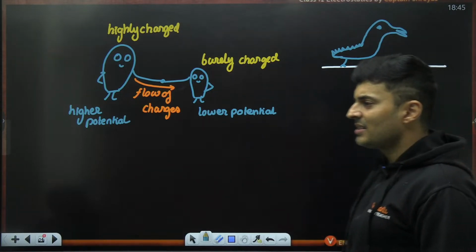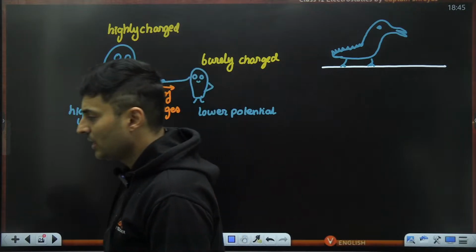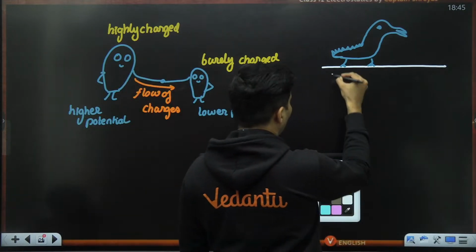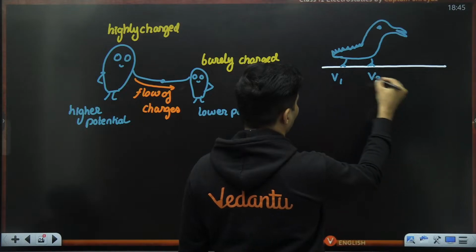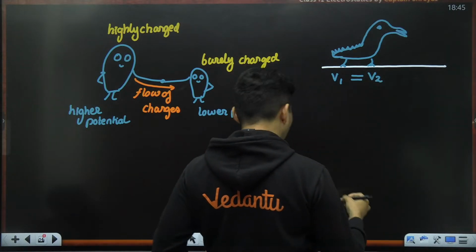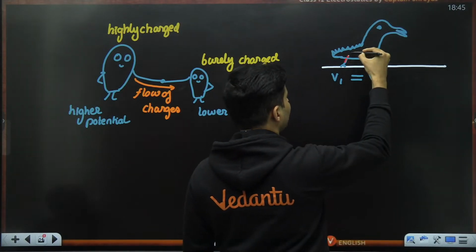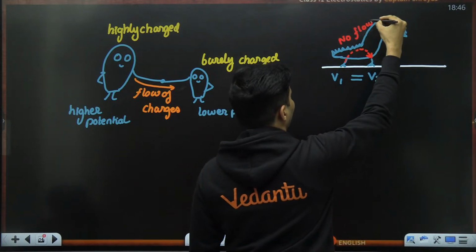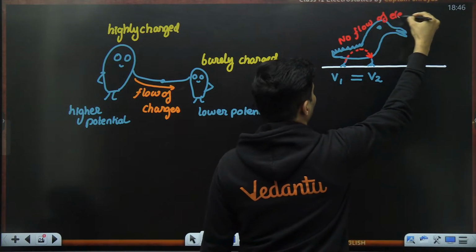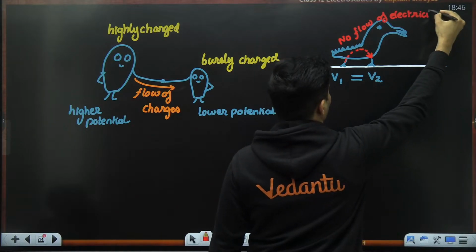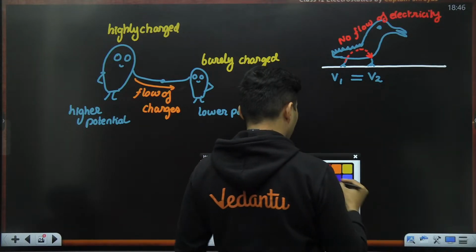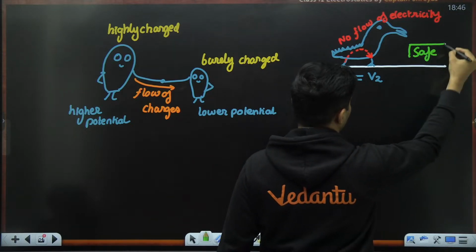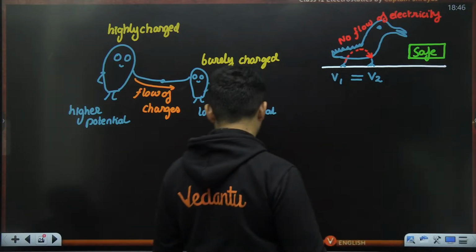Why does this bird stay safe? Because the potential over here and the potential over here is the same. So there is no flow of electricity, and that is why the bird is perfectly safe. No problem at all.